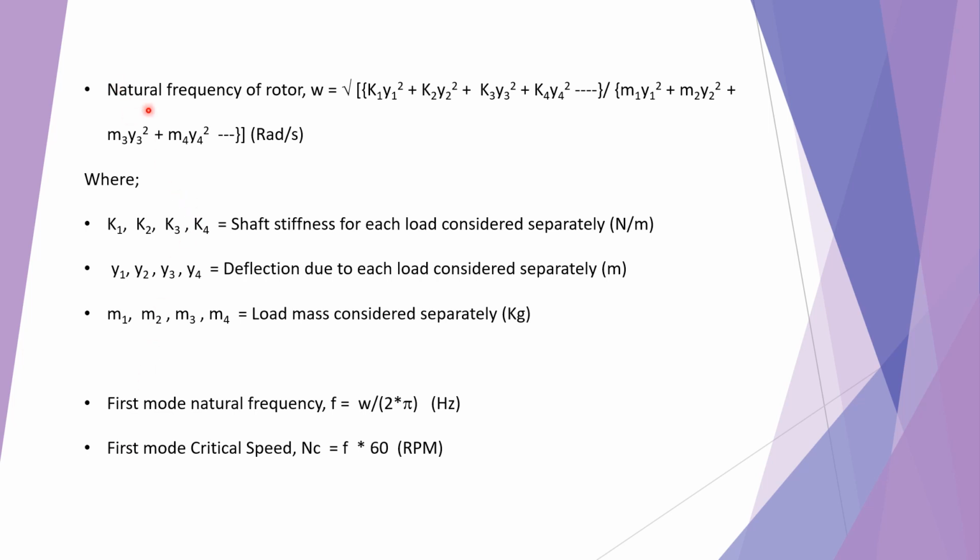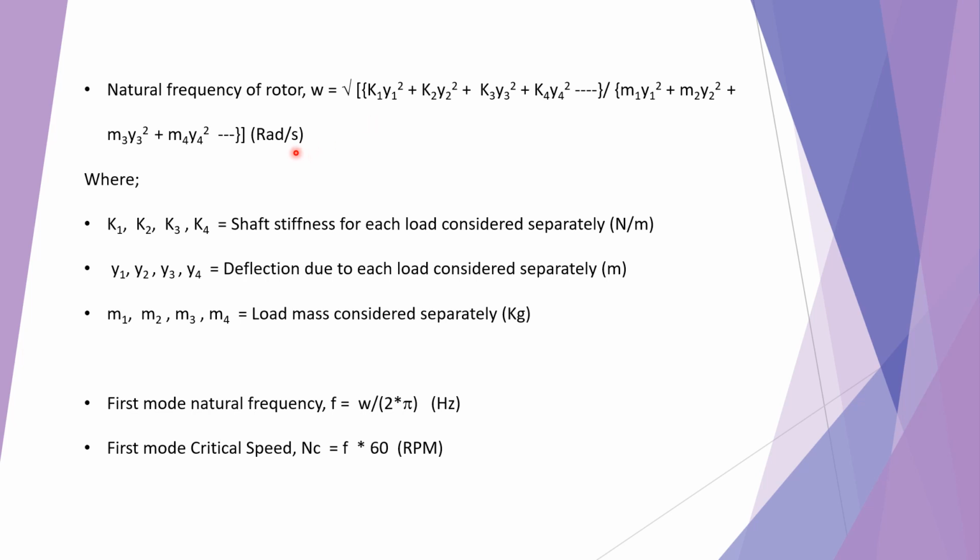Then, using the Rayleigh method, the natural frequency of the rotor W is equal to the square root of (K1 Y1² + K2 Y2² + K3 Y3² + K4 Y4²) upon (M1 Y1² + M2 Y2² + M3 Y3² + M4 Y4²).